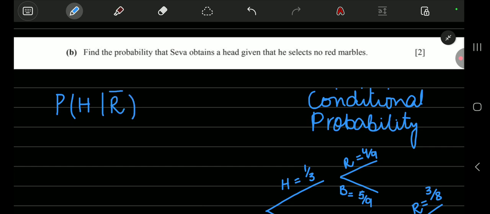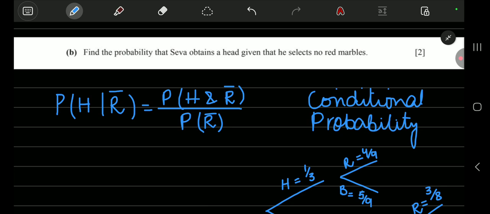Okay, or you can write it in your own words as A and B, where A is the event that needs to be found and B is the event that is given. So it will be equal to probability of H and R dash together, over the probability of the event B, that is no red.